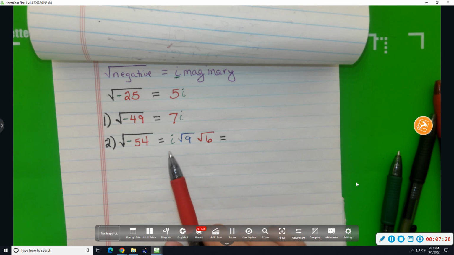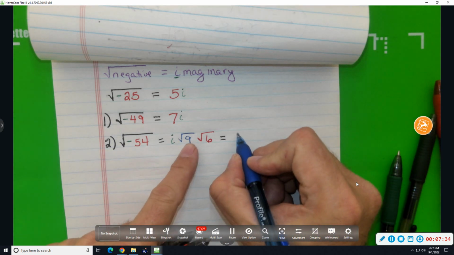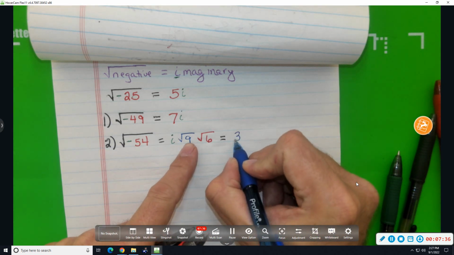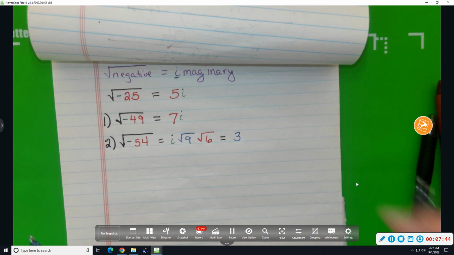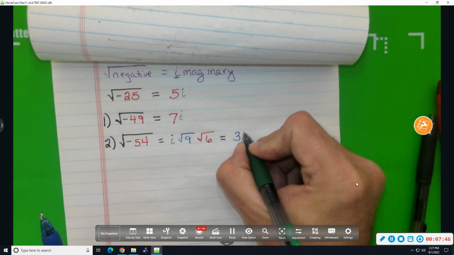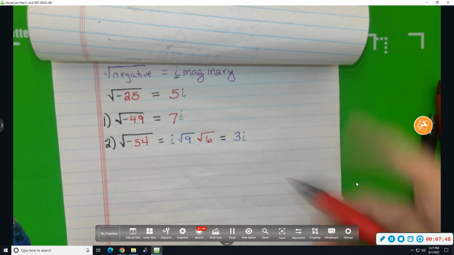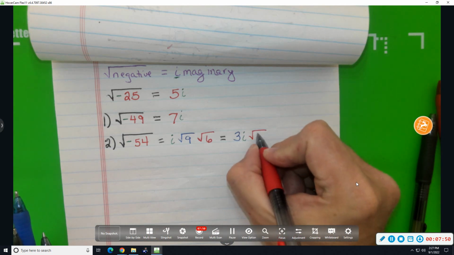Theoretically, it doesn't matter where you put the I, but what we're going to do is always put the I in front of the square root symbol. Okay? If there's a square root in your answer, you'll put the I in front of it. So write it as 3i square root of 6.